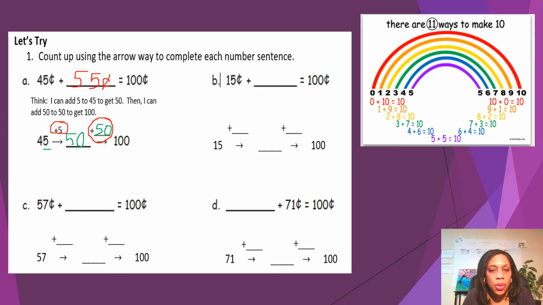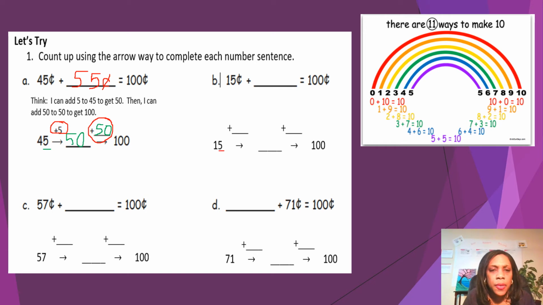All right, so here I have problem B. This is what I'm going to do. I have 15. Remember, I'm trying to get to 100. So when I look at the number 15, I look in the ones place.